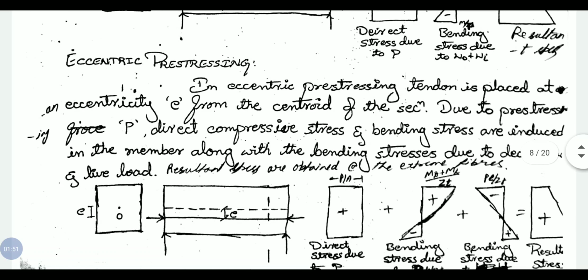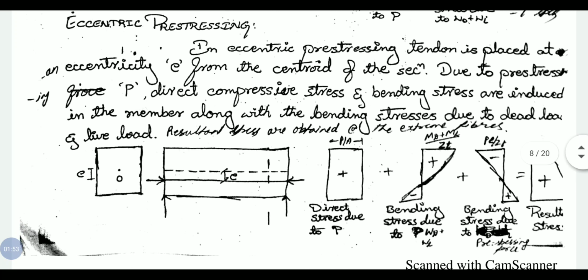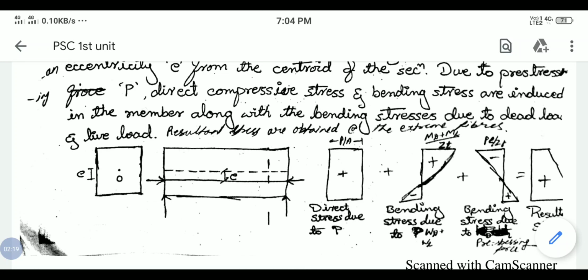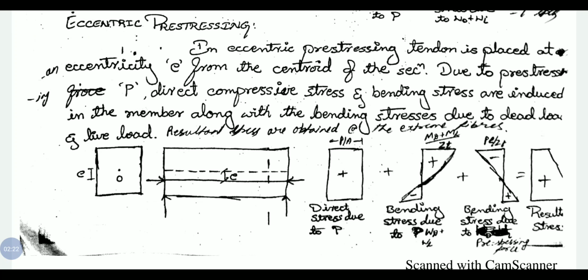Next case is eccentric pre-stressing. Here the location of the tendon is provided below the centroidal axis or neutral axis of the section. In this case, along with direct compressive stress developed by the pre-stressing force and bending stress due to dead load and live load, since we have eccentricity, the bending stress due to pre-stressing force also develops.